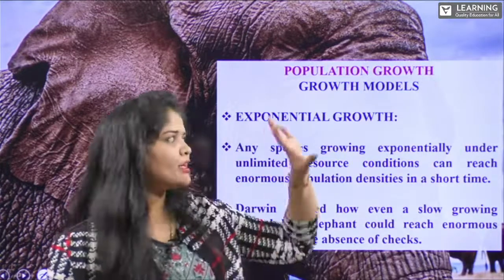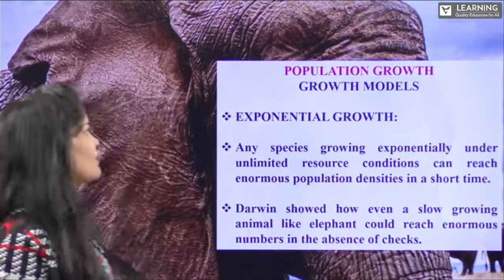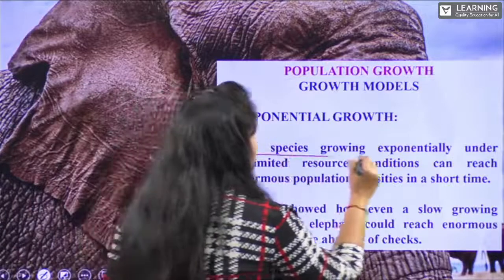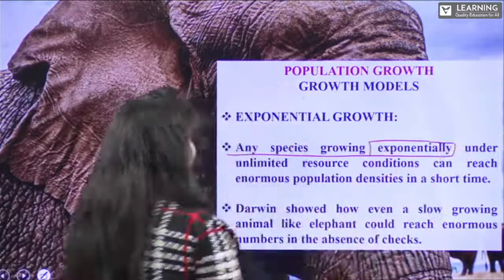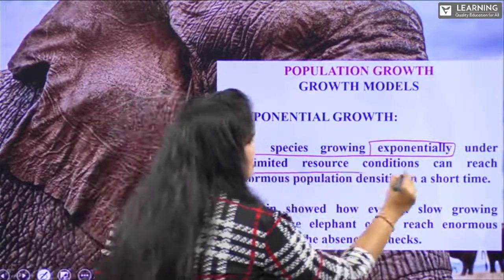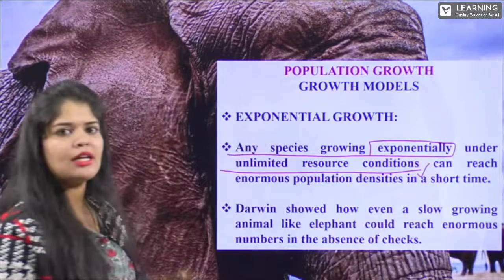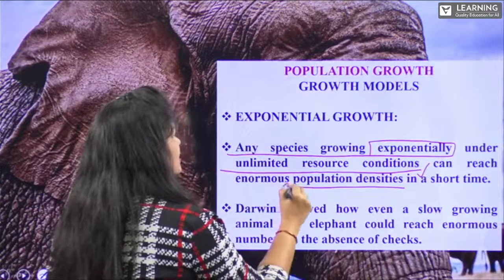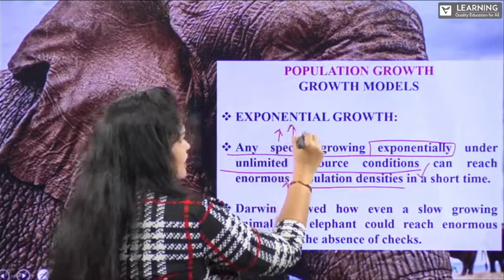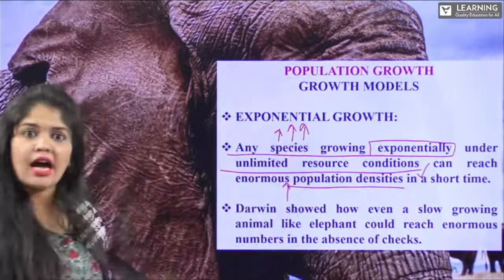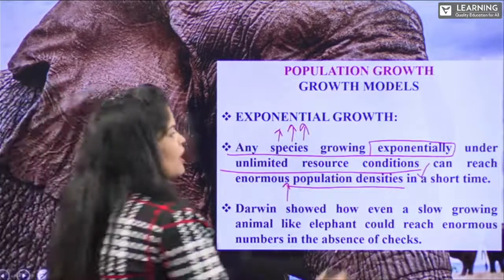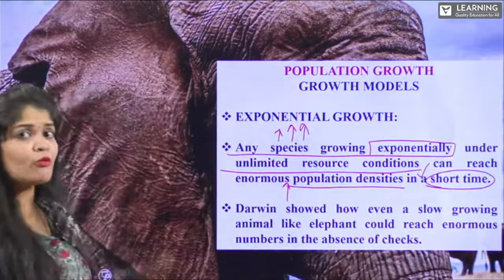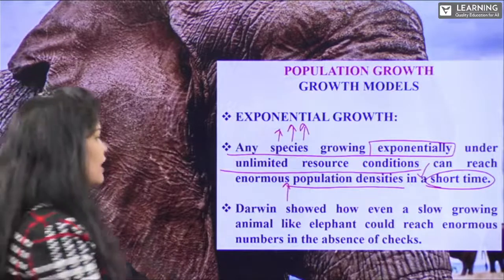This is completely an imaginary model, right? So any species growing exponentially under unlimited resource conditions can reach enormous population density. Definitely the population density keeps on increasing because it is provided with unlimited resources, and this will be achieved within a short span, no matter how big the organism is.